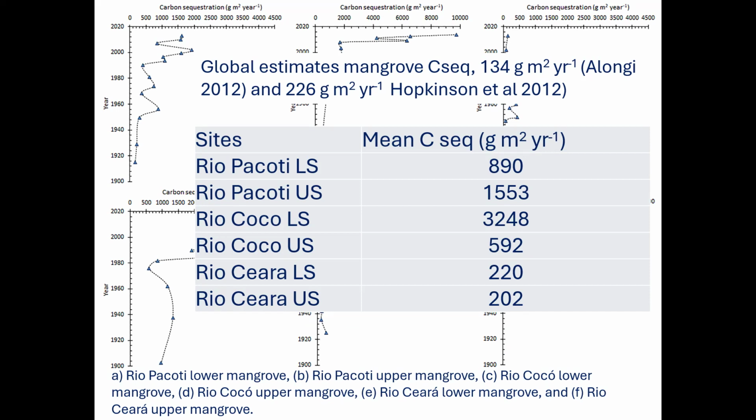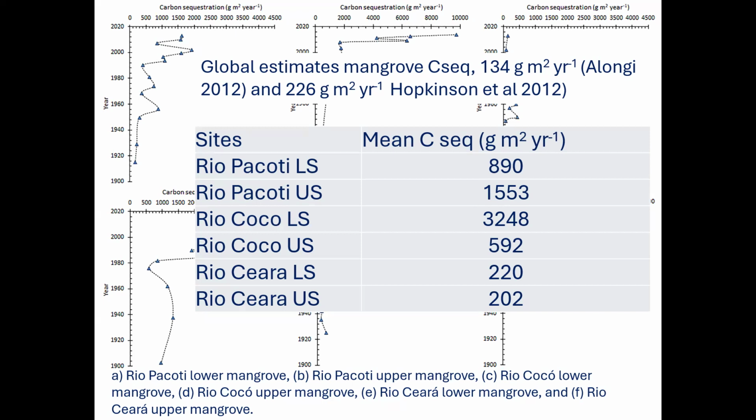However, particularly for Heel Cocoa, it's substantially higher, and that's most likely due to the huge amount of organic material inputted from the city. That has exacerbated those rates of carbon sequestration, so they're really quite high compared to global averages.